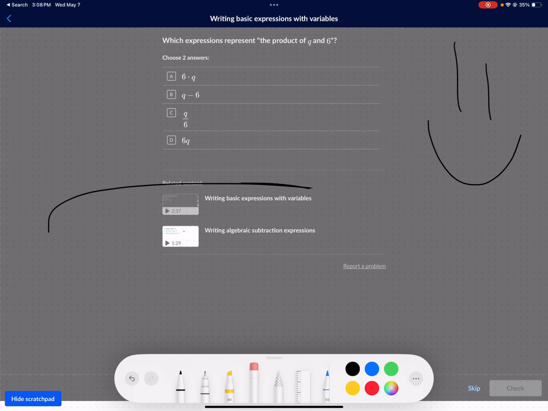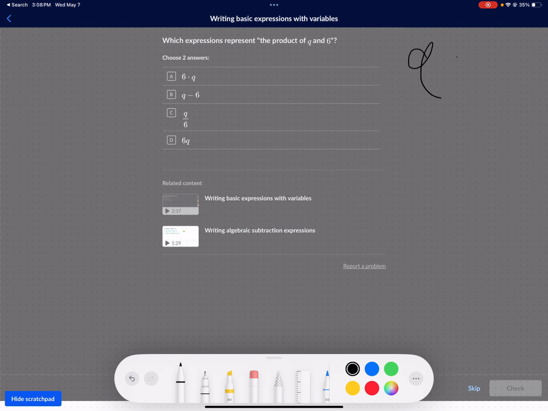Okay. I'm losing focus. Which expression represents the product of q and 6? So remember from my last video, we discussed that q and 6 can be written as q times 6, 6q, 6 times q, because if we put them together, it's saying, hey, I'm going to multiply these. So let's see if we can find anything that will be similar.